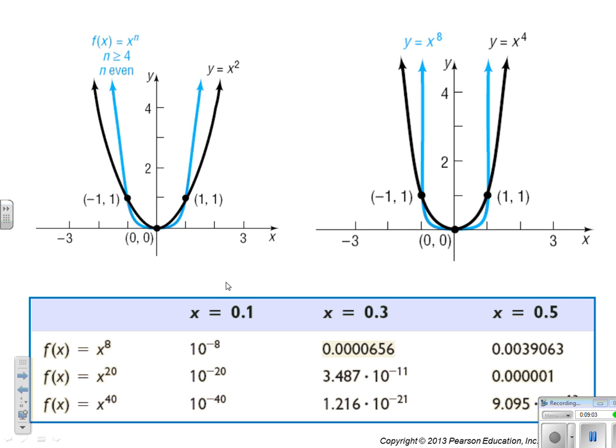But if your coefficient is negative, then it'll start down and end down. So even functions start up, end up, or start down, end down. Very similar to a parabola.